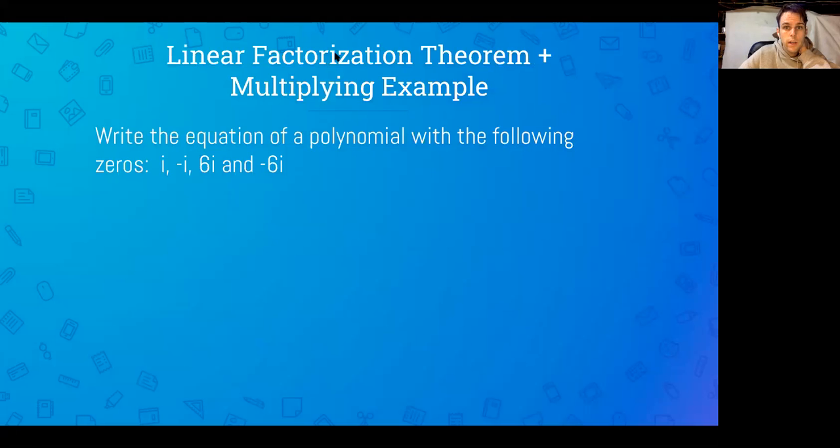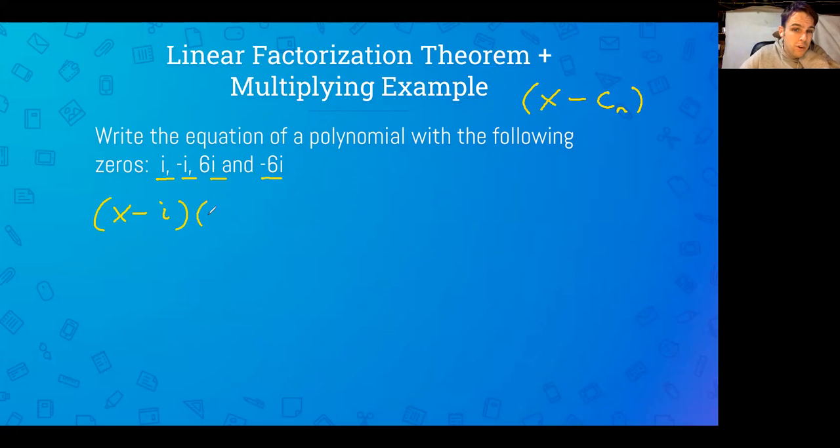All right, so let's go ahead and do a couple more here. We want to write the equation of a polynomial with the following zeros. These all are going to help me write some factors. Remember, whatever the zero is, I can do x minus that zero. In complex form, these are imaginary, so this would be x minus i.